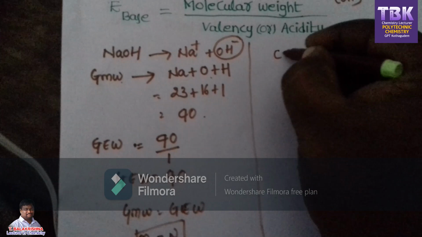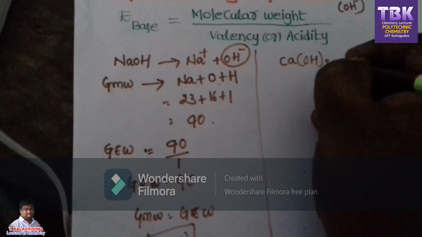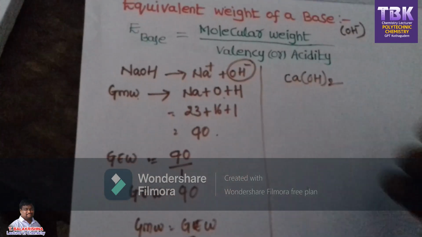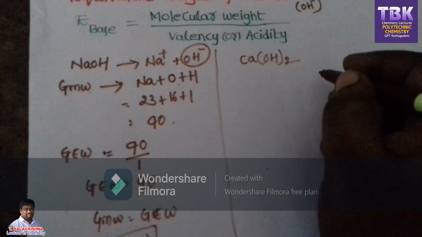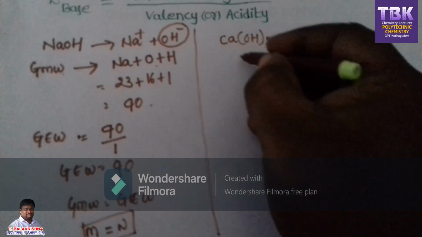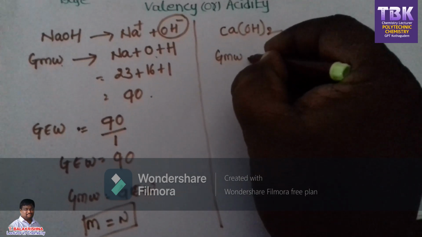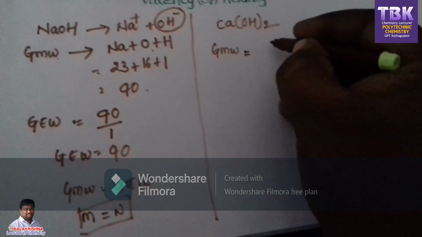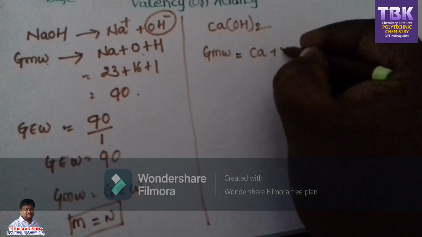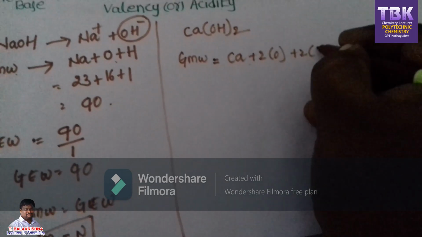Calcium hydroxide, Ca(OH) taken twice. It is a base because it produces OH minus ions. Before calculating the equivalent weight, first find the gram molecular weight. It contains 1 calcium, 2 oxygens and 2 hydrogens.